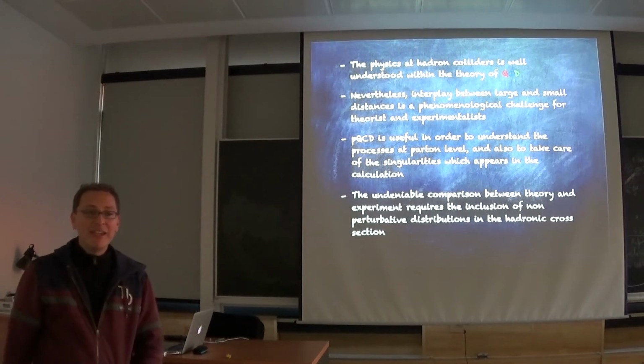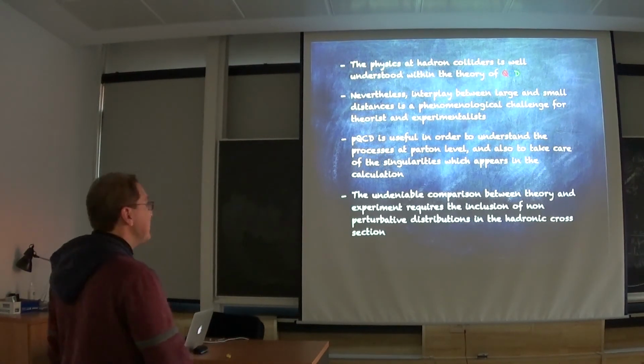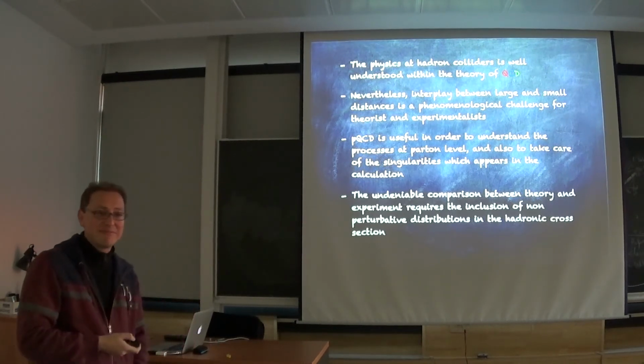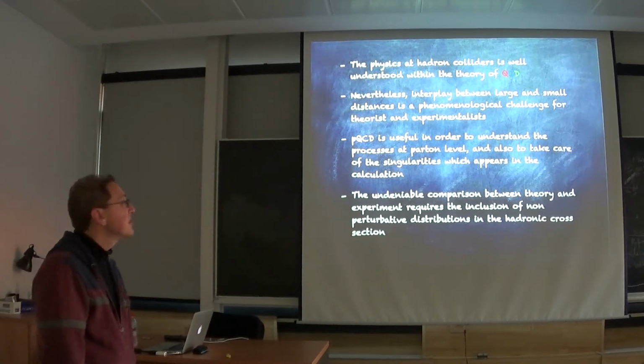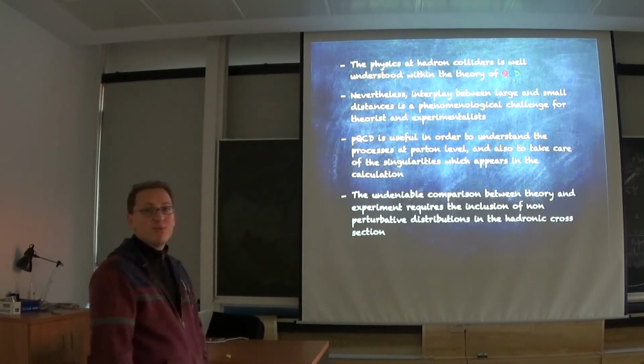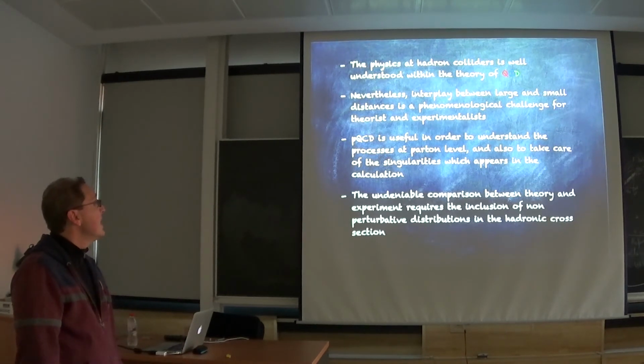So then I arrived at my conclusions. I didn't show you any calculation because it would take a long time. So the physics of the hadron colliders is well understood within QCD theory.